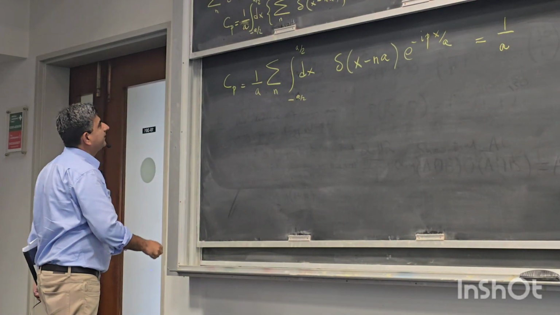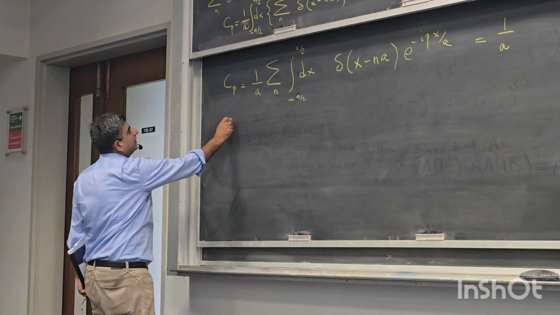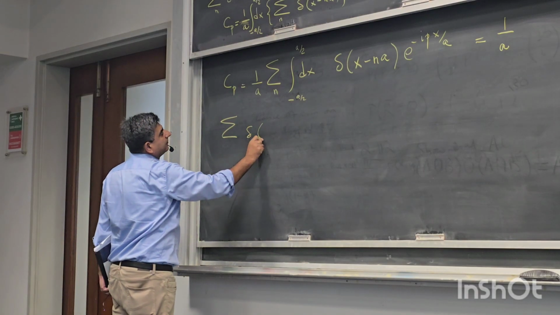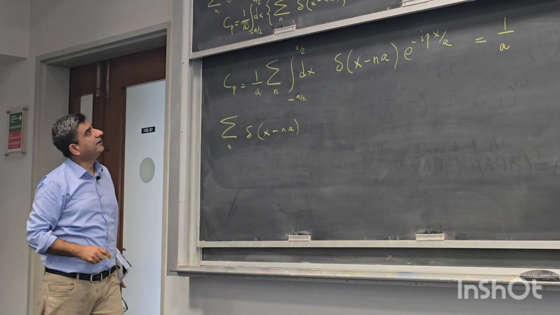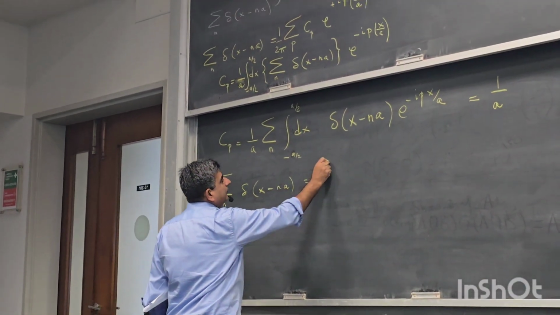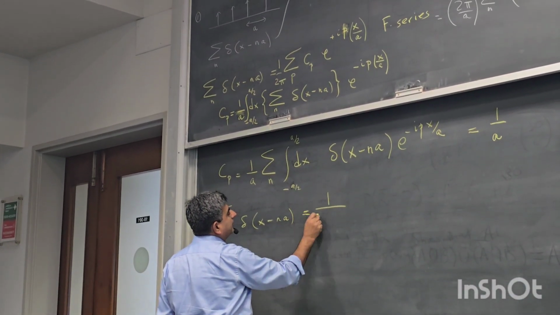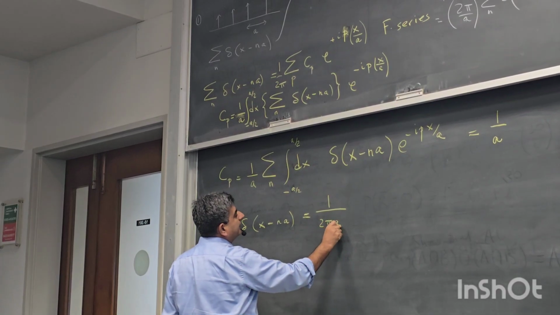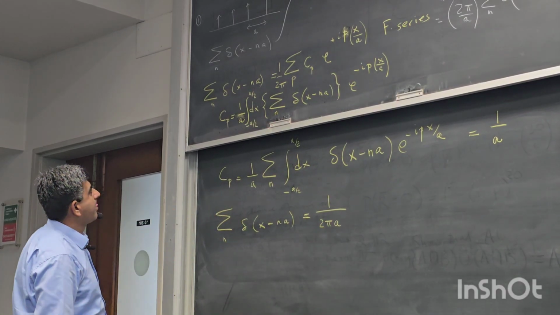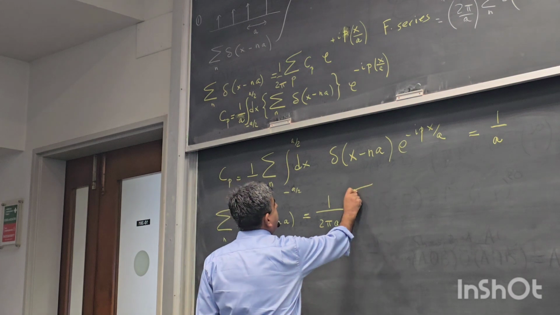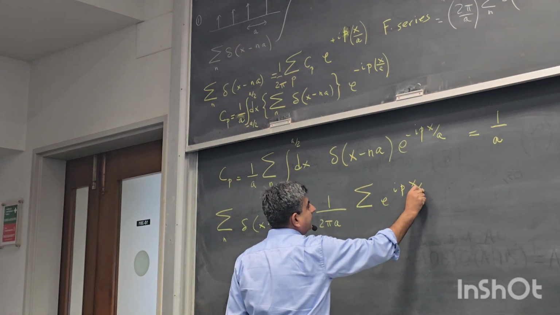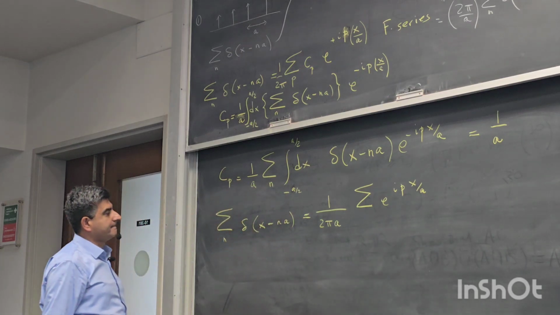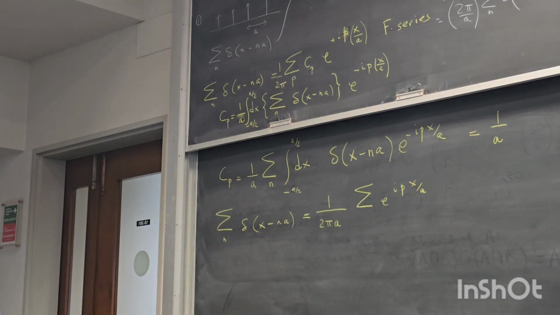What this means is that my C p is equal to 1 over a, which means that this train of Dirac delta functions over all n's in 1D is really equal to 1 over 2 pi a, e to the i p x over a. Okay, is this true? This is true.